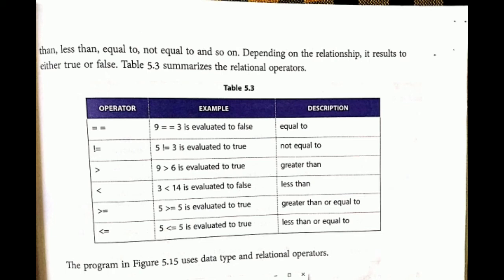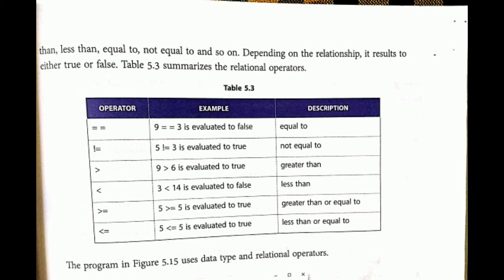So these are the 6 relational operators used in Java program. First one is equal to, second one is not equal to, third one is greater than, fourth one is less than, fifth one is greater than or equal to, and last one is less than or equal to. Students, you should remember the symbols used for these operators.